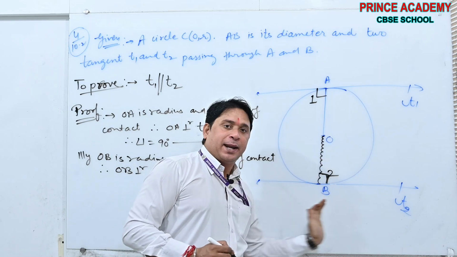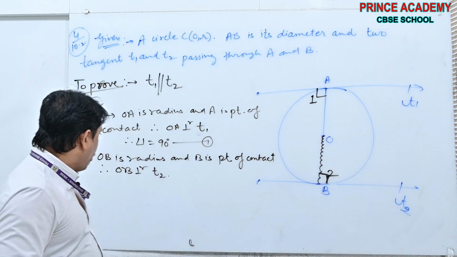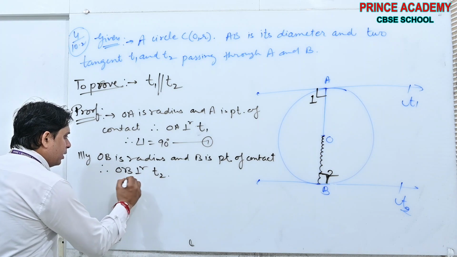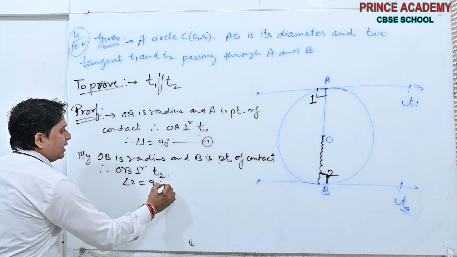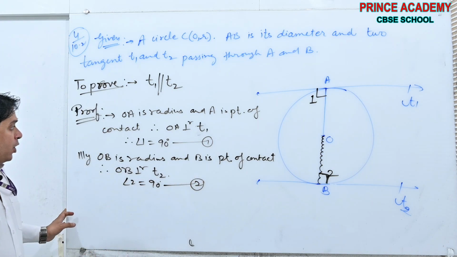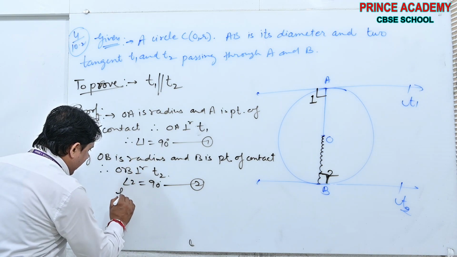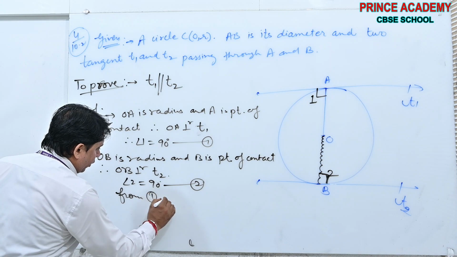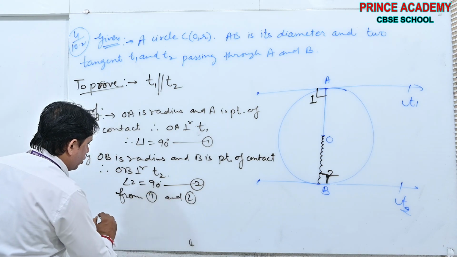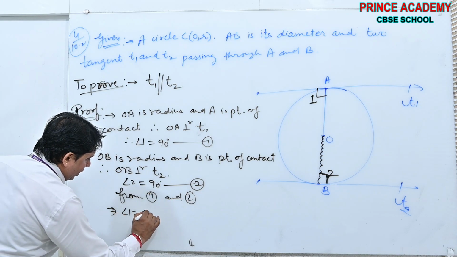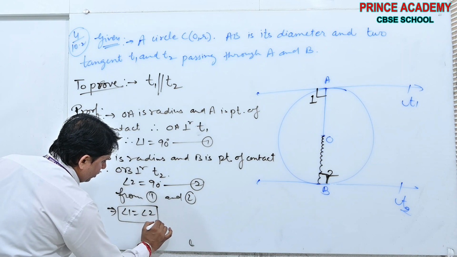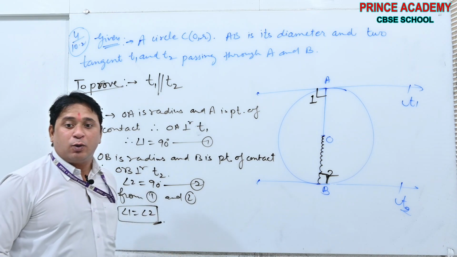OB is perpendicular to T2. Therefore, angle 2 is 90 degrees. Number 2. From 1 and 2, angle 1 is 90, angle 2 is 90. Can I write from 1 and 2, angle 1 is equal to angle 2? Yes or no? Angles 1 and 2 are equal.